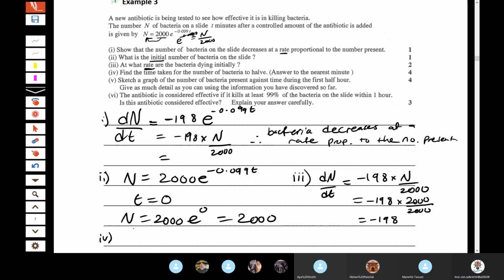Part four. Find the time taken for the number of bacteria to halve. How would you work that out?